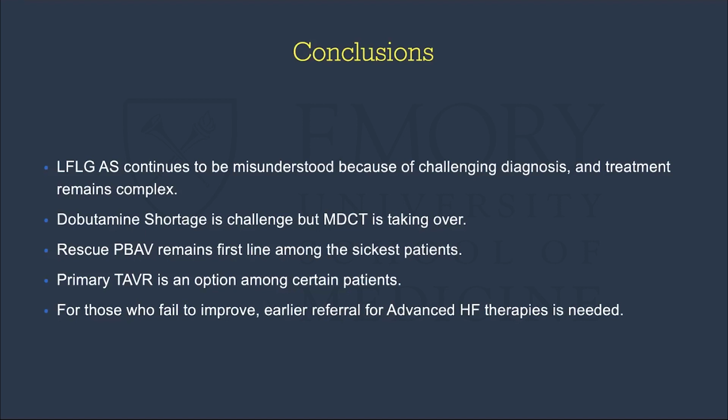Rescue percutaneous balloon aortic valvuloplasty remains the first line of therapy among the sickest patients. However, primary TAVR is an option among certain patients who are less sick and have a life expectancy of more than 1 to 2 years. For those who fail to improve, earlier referral for advanced therapy is needed.